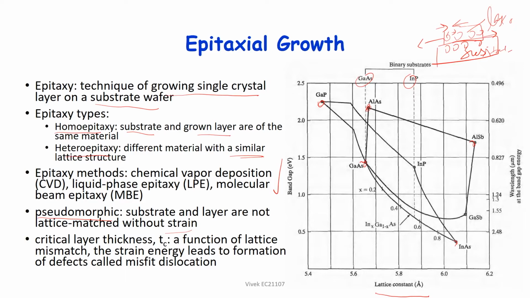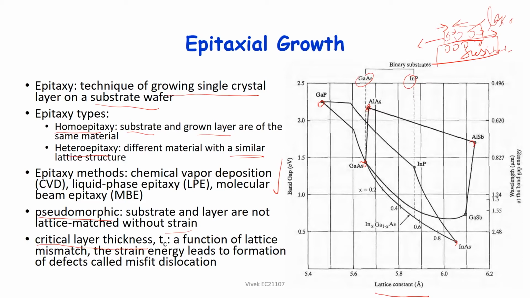Different kinds of strain are there, and they give rise to a critical layer thickness. If there is more strain, then you cannot grow a thicker layer. You can grow only a small thickness layer. That thickness depends on the strain, and the thickness up to which the layer does not have any defect is called the critical layer thickness.